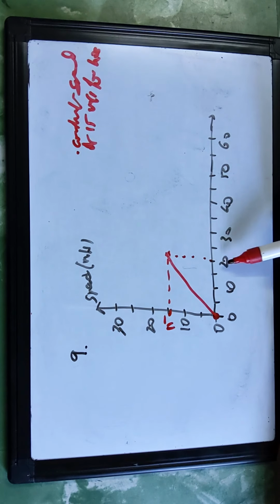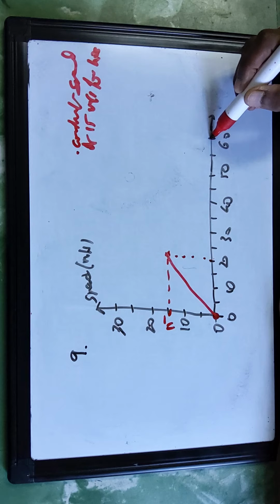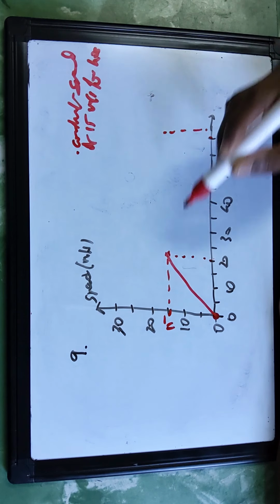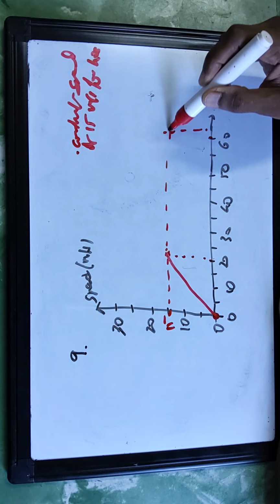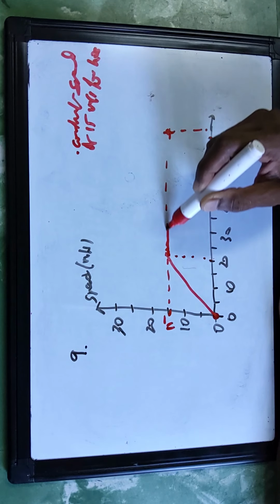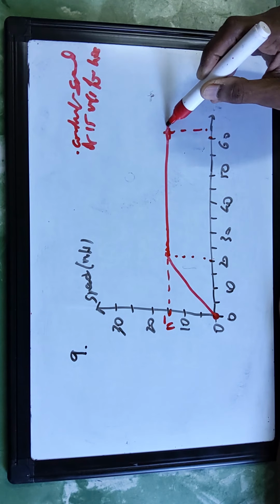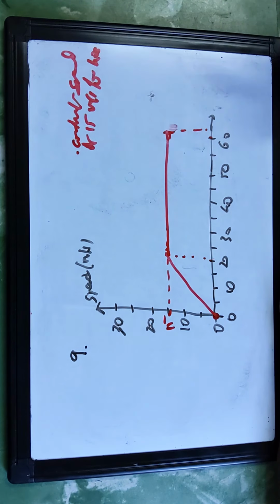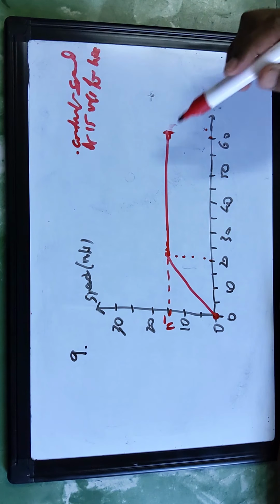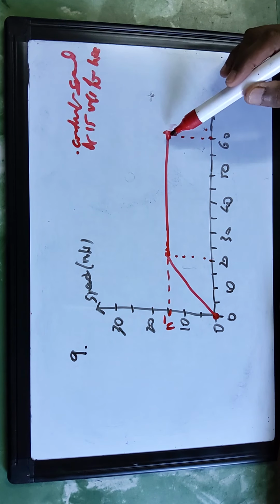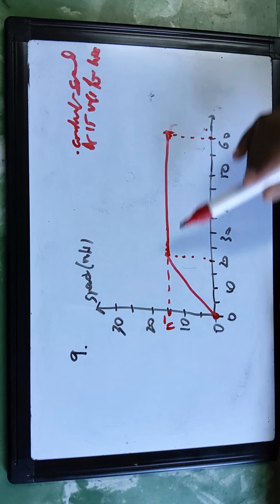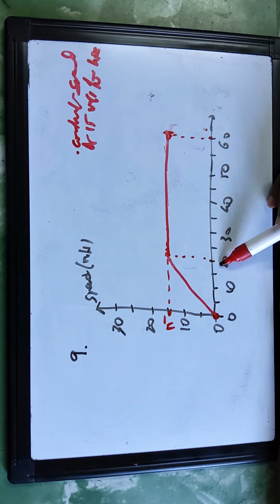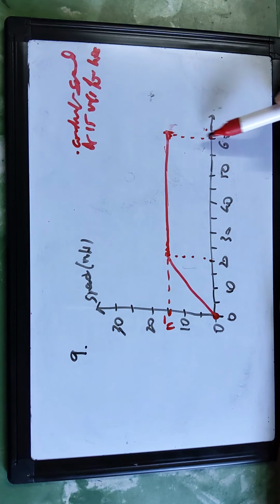So for 40 seconds, here it is 20 plus 40, this gives 60. So up to 60, the speed remains at 15 here. Okay, so at 60, the speed is 15. So you have a straight line from (20, 15) to (60, 15).